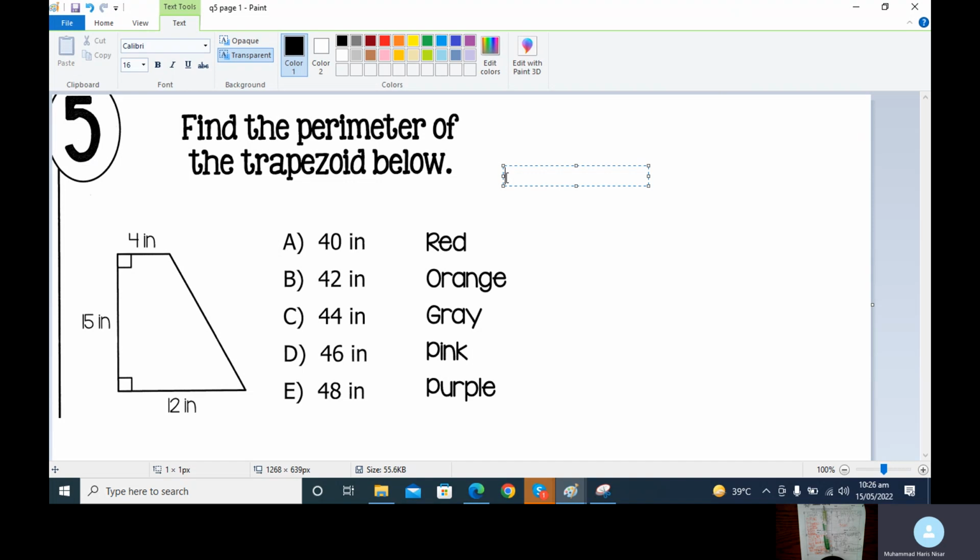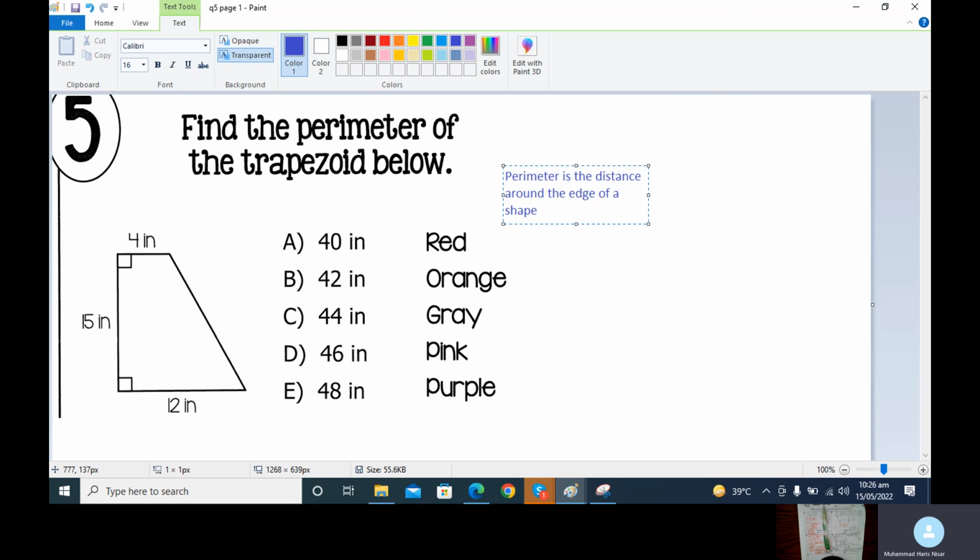So first of all, let me write it here. You can say that perimeter is the distance around the edge of a shape.